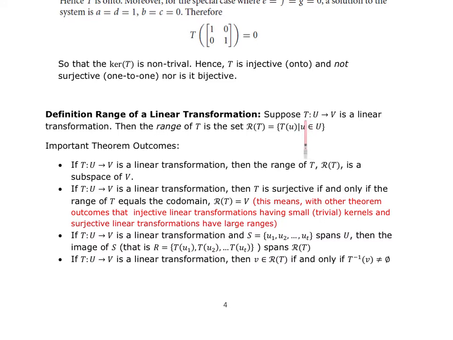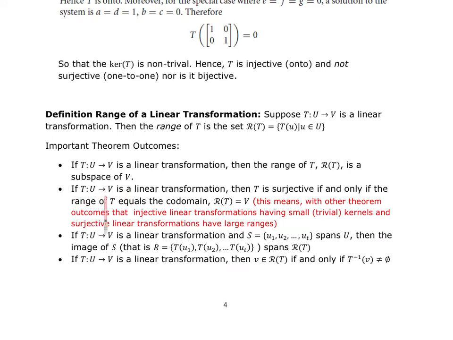So suppose that we have this linear transformation, then the range of T is the set of outputs in the codomain when I have the element u being in my set U, my vector set. That's kind of important, because now that we have defined it, if this is a linear transformation, then the range is a subspace of V, which is what we expected.